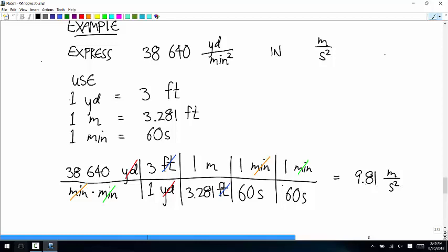Anyway, that's a value that's going to come up all the time. Anyone happen to know what 9.81 meters per second squared is? Yeah, so if something's in free fall, that's the acceleration that gravity is causing, if the air resistance is negligible.